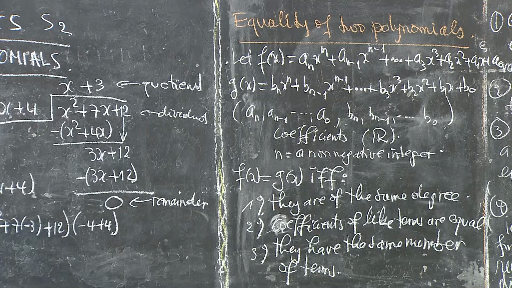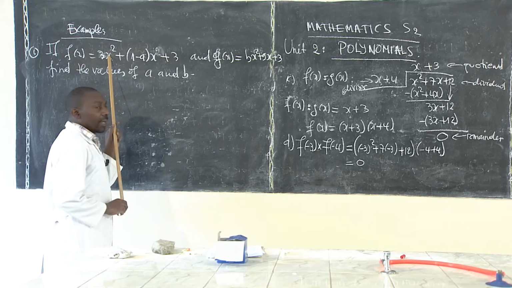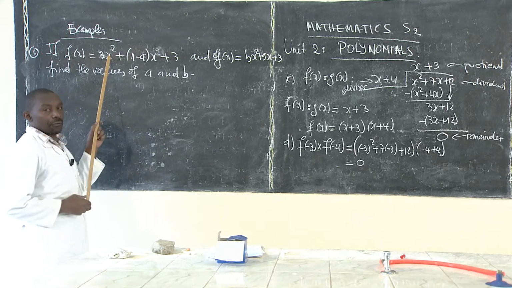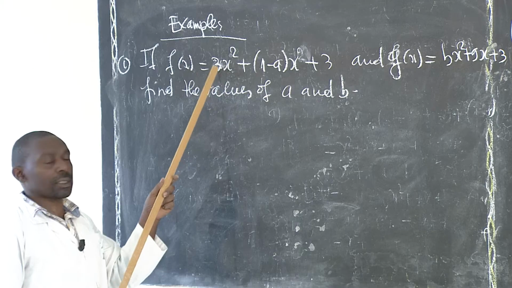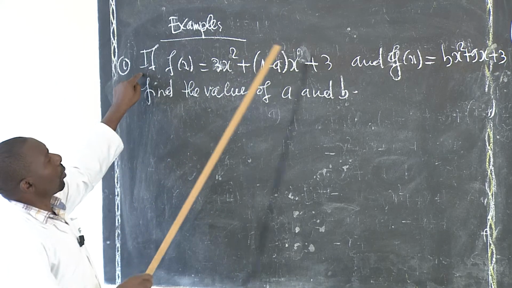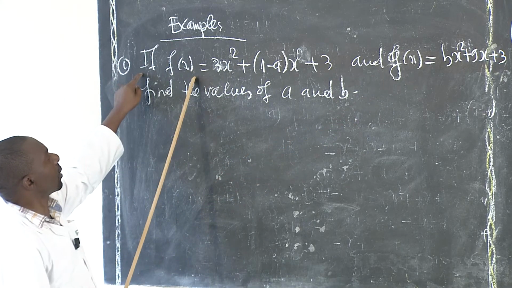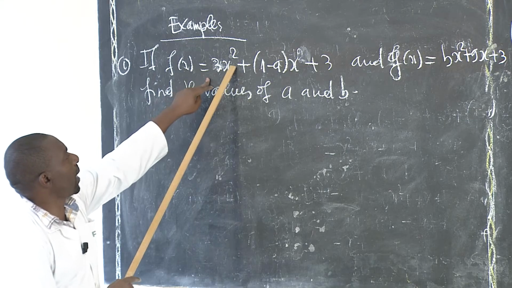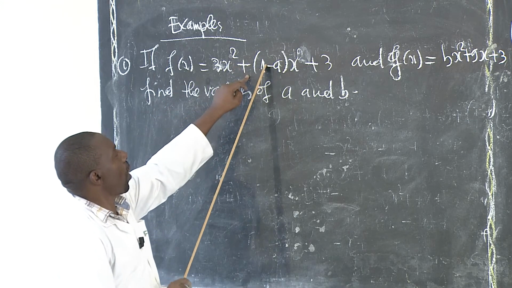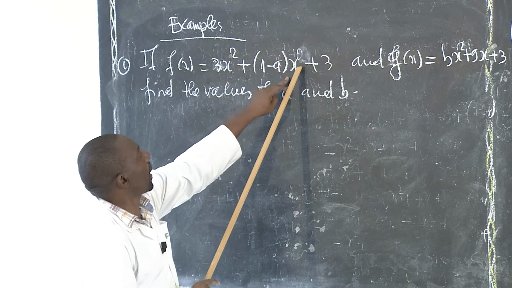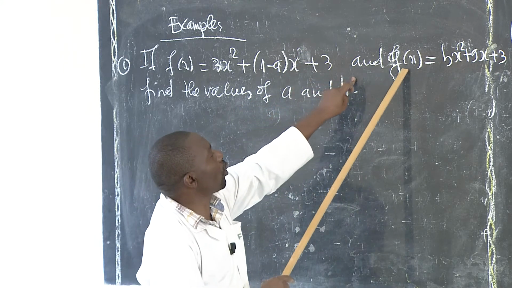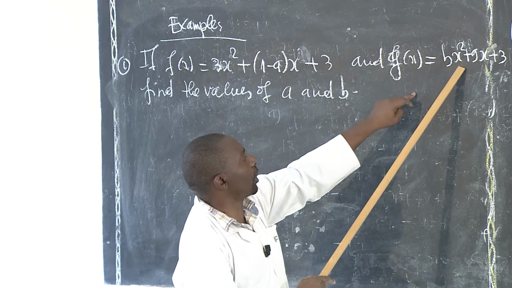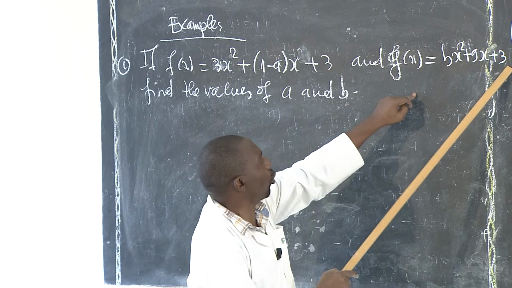Yes, I think we are done. Please, here we have an example. Follow on chalkboard, please. We have two polynomials, f of x, which is equal to 3x squared plus (1 minus a) x plus a3, and g of x is equal to bx squared plus 9x plus a3.